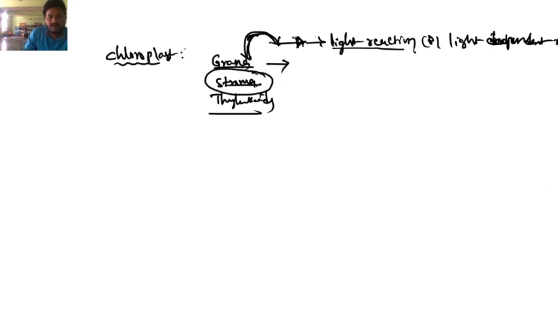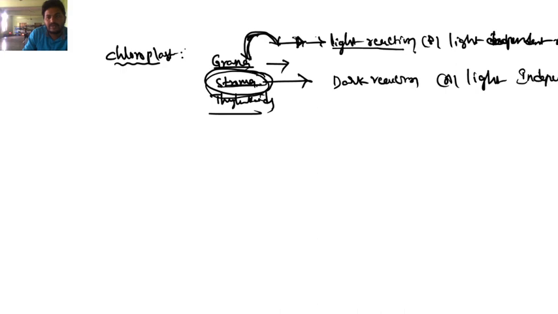The dark reaction takes place in the stroma of the chloroplast. Dark reaction, or light independent reaction.